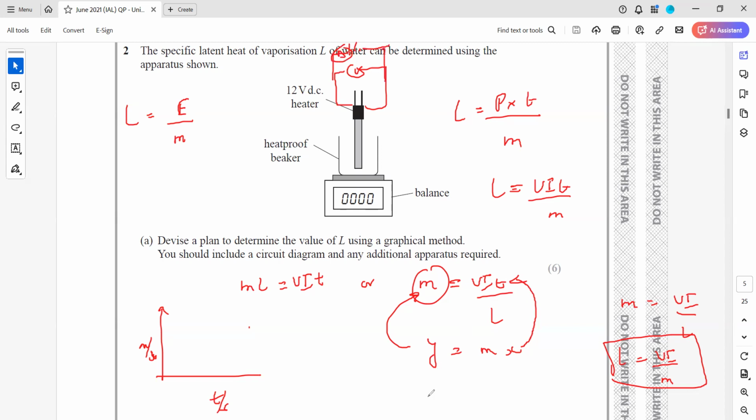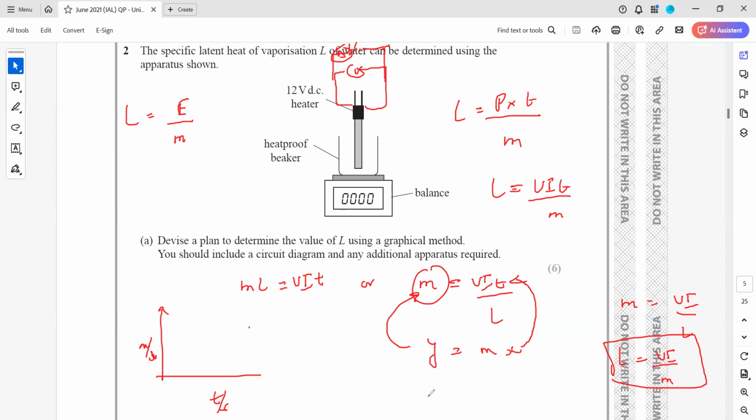And what are the points you will mention? Because here we are plotting a graph between mass and time, first we'll measure the mass, and the additional apparatus which we can mention is a stopwatch, ammeter and voltmeter; the balance is already there.